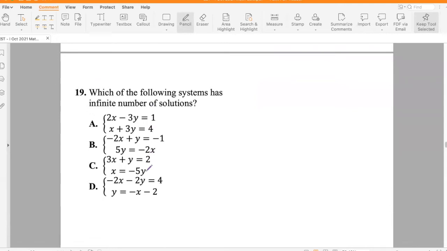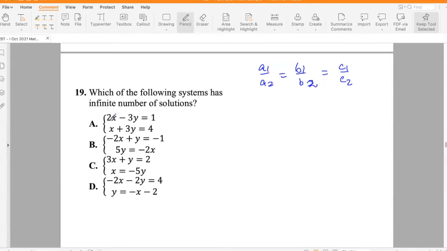Which of the following systems has infinite number of solutions? So for infinite number of solutions for a system, the coefficients should follow this rule. The ratio of the coefficients of x should be equal to the ratio of the coefficients of y, and that should be equal to the ratio of the constant terms.